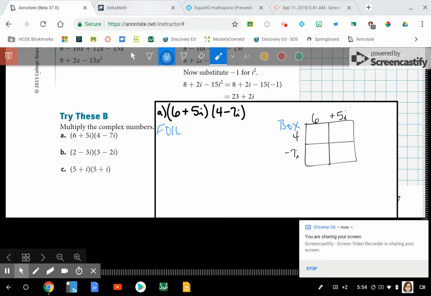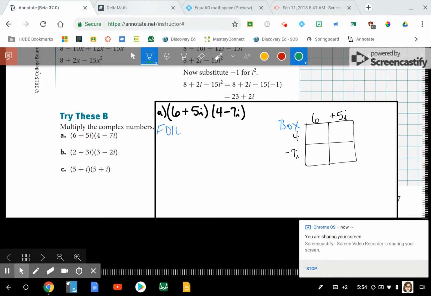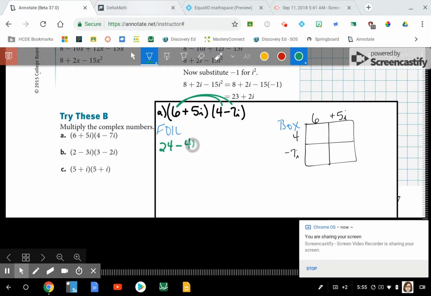So let's do FOIL first. FOIL is where you do first, outer, inner, last. First is 6 times 4, so 24. Then we'll do 6 times negative 7i, so that's negative 42i, because there's an i with the 7.